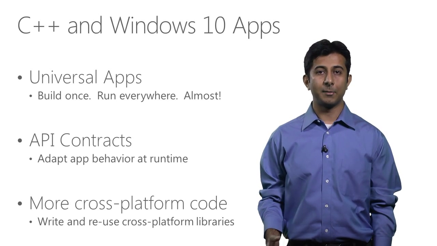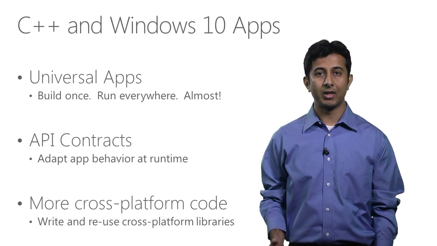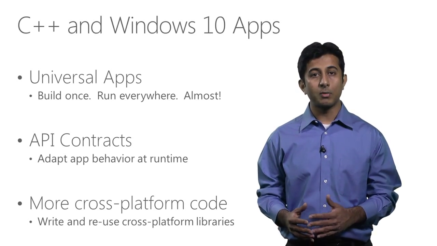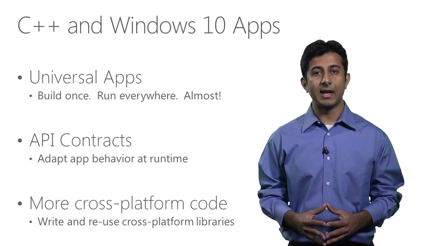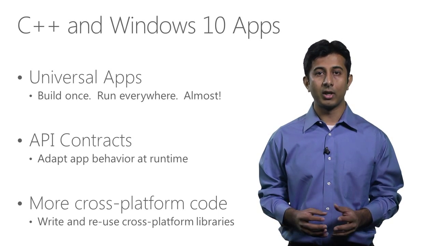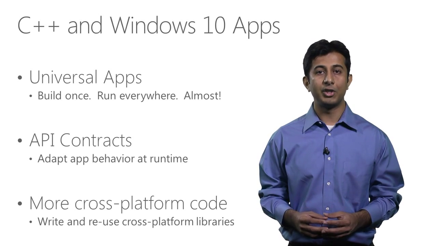Windows 10 goes a step further and enables creation of universal apps at a common binary level, which means that the API surface of Windows 10 has converged enough across multiple device types to allow for creation of a single binary that will run on multiple devices. Now, since this is native code we are talking about, the common binary really means one binary per architecture, which is a huge improvement from the past.